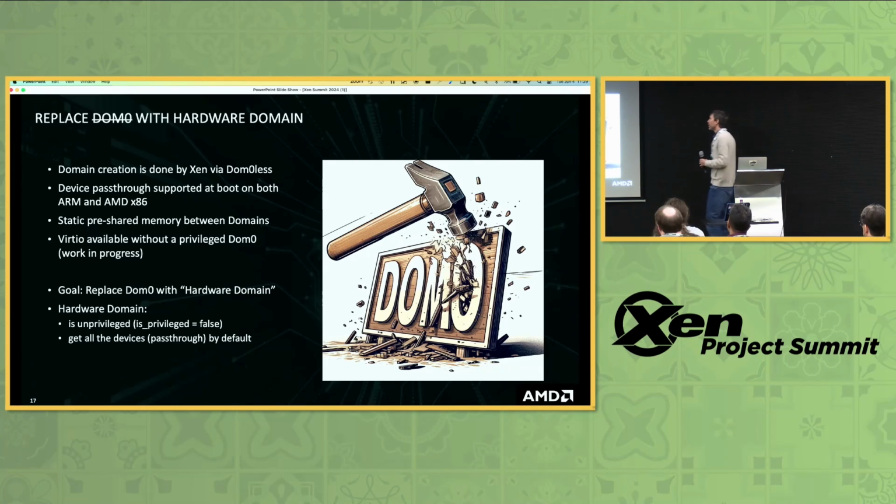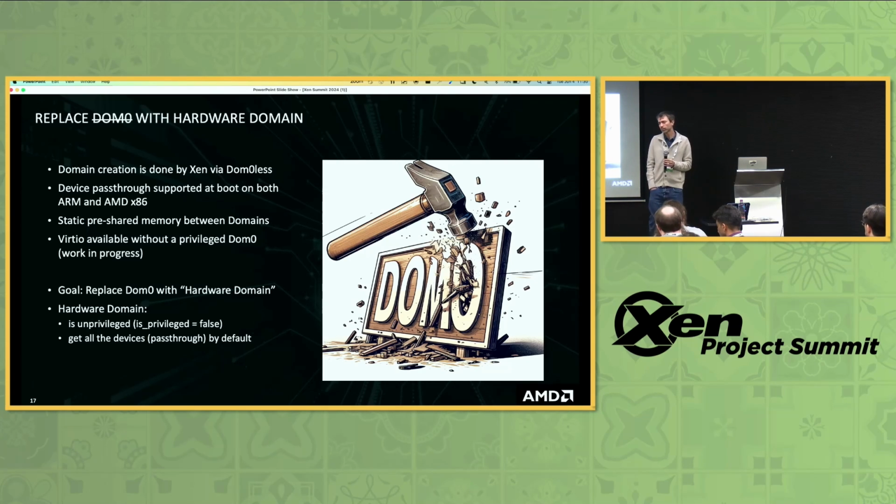Now, if you think of a world where, on ARM and on x86 too, you have domain construction done by Xen, and most of the configuration is static, so you don't foresee domains being created later on, then you don't actually need DOM0 anymore. Well, it's not entirely true, you could have DOM0 for monitoring, but let's say there is no reason for you to have DOM0, so you might as well turn it off and turn it into more of a hardware domain.